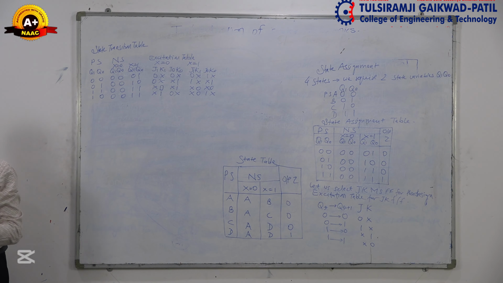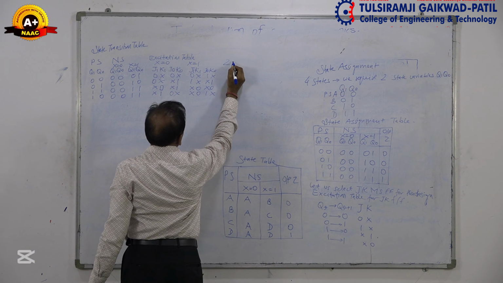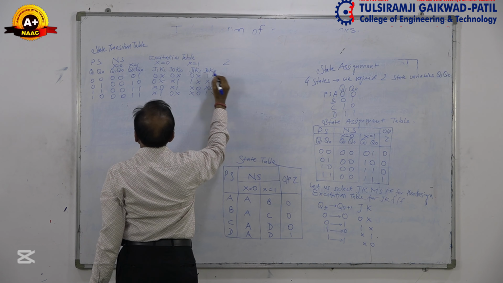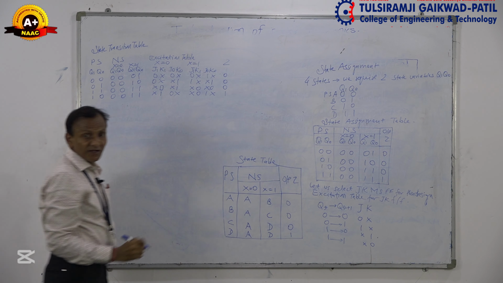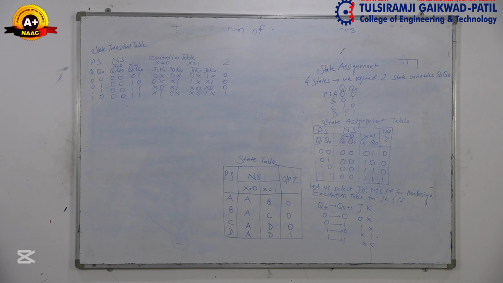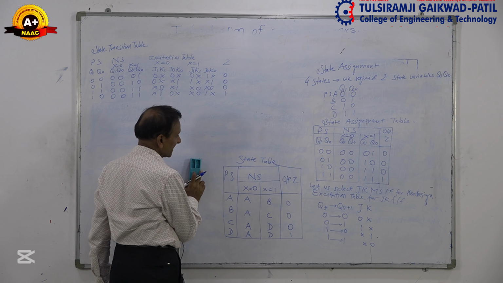Like this we will proceed. Now output Z, Z is 0 0 0 and 1. Now the next step is we will find the excitation values of JK inputs.